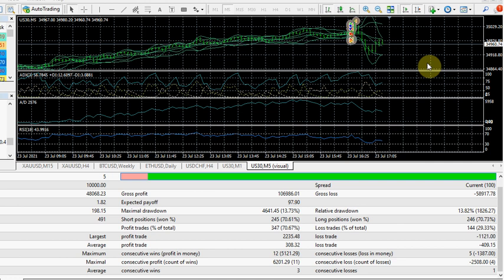You've got none of this martingale stuff where you've got trades open for days, weeks, and then all of a sudden they crash. They're opened and closed.